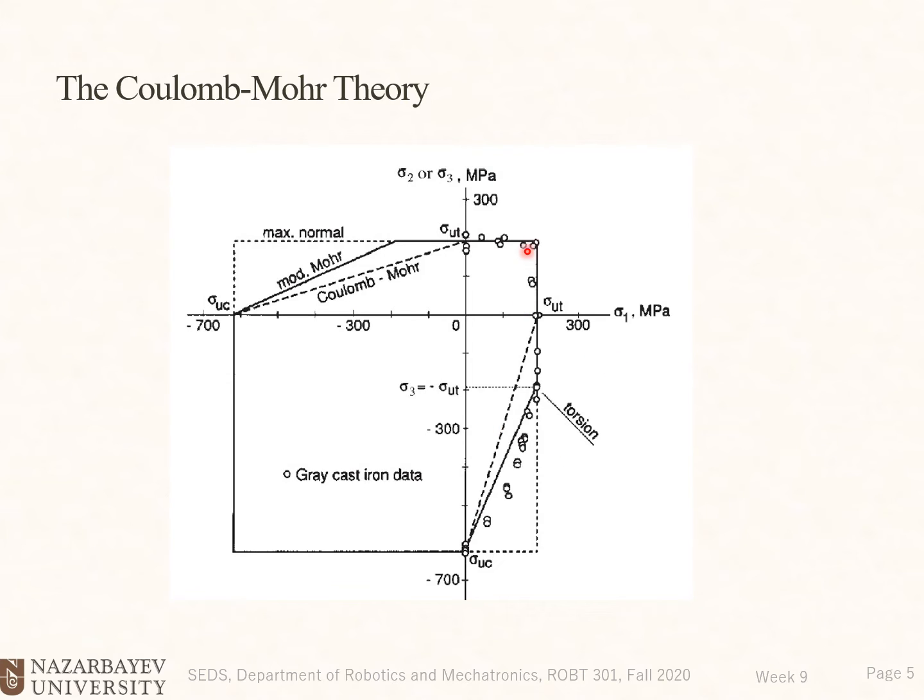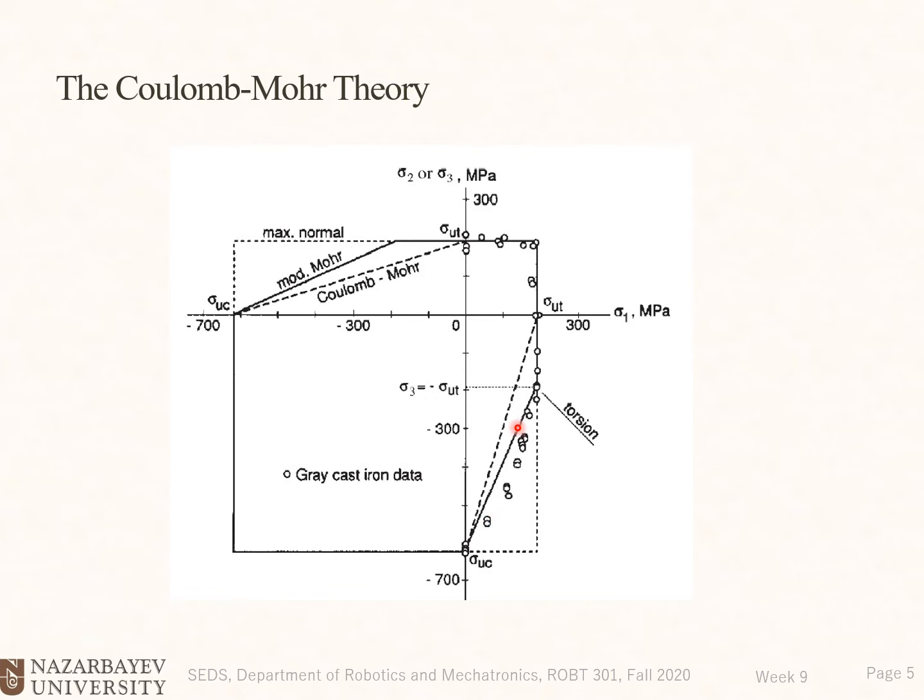Okay, so what happens after the Coulomb-Mohr theory is developed? Then people started to do experimental tests to see the validity of the theory. Once they started to do tests, they saw that failure doesn't always happen in that region.